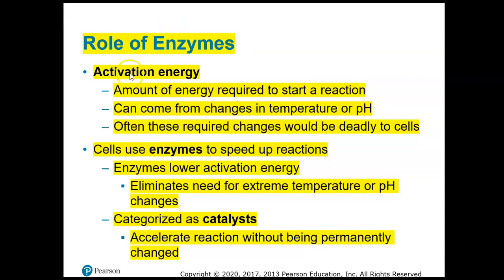So enzymes will lower that amount of energy, and by lowering the amount of energy required, it makes the reaction speed up. So it affects the reaction rate. Enzymes lower activation energy, and because of that, they are categorized as catalysts, because a catalyst speeds up a reaction, and they're proteins.